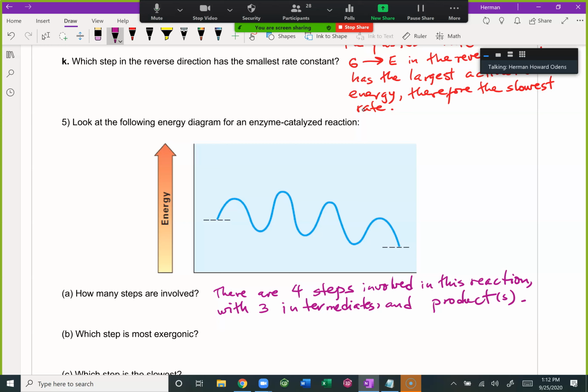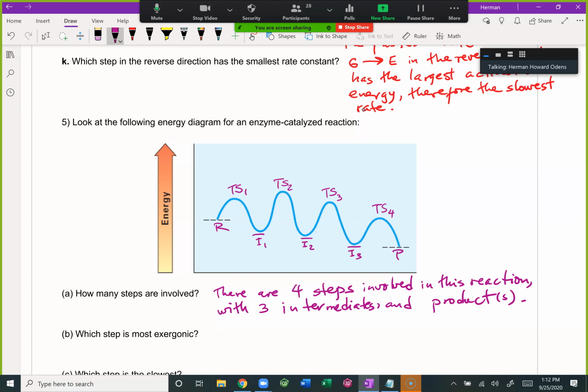All right. So that's 1, 2, 3 intermediates. So this will be intermediate 1, intermediate 2, intermediate 3, reagents, product, and then you have transition state 1, transition state 2, transition state 3, and transition state 4. All right.